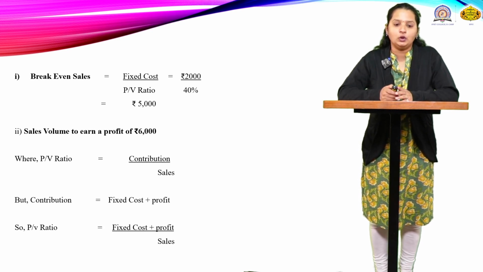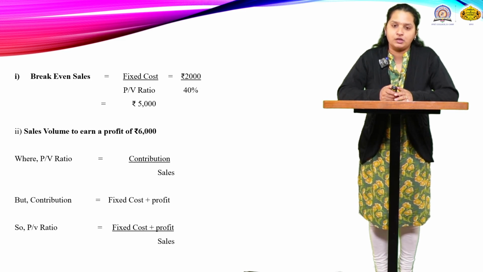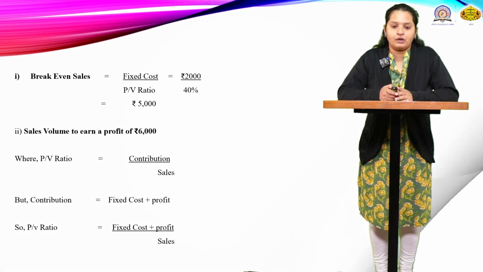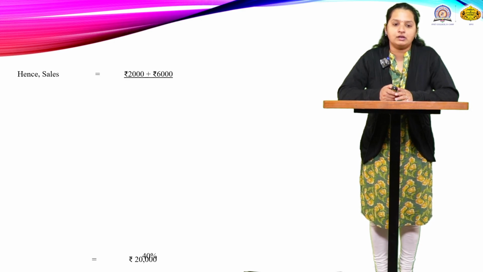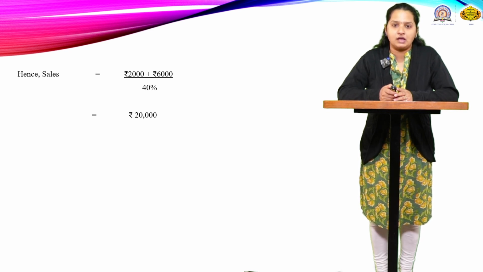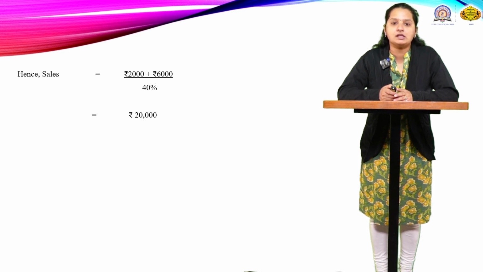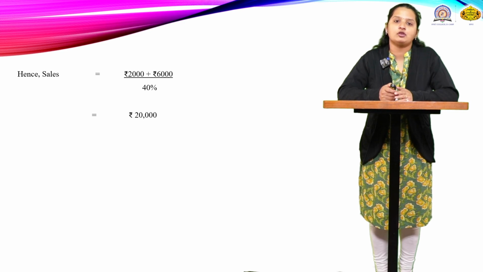So PV ratio is equal to fixed cost plus profit upon sales. We have the figures, hence sales is equal to 2,000 plus 6,000 upon the PV ratio, which is 40%, and we get the sales as rupees 20,000. Here we have done just the cross multiplication for calculating the sales value.